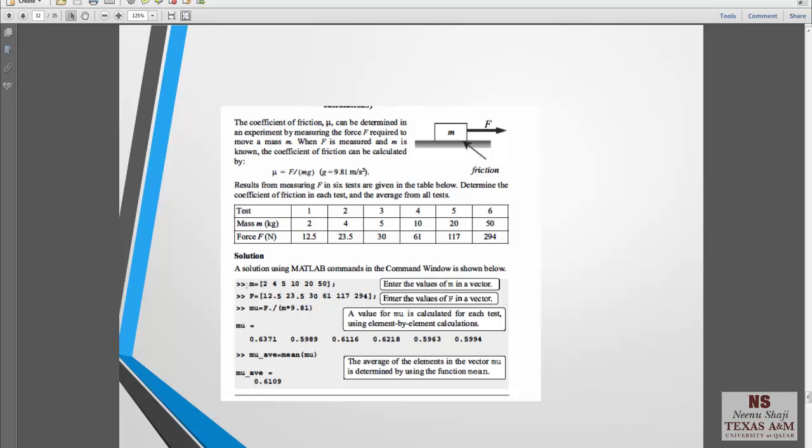So you express the mass as a vector, then the force is another vector, and we know the relation mu equals F over mg. g is a constant, define that as well. g is 9.81. mu is calculated as F dot division m times g, because F is a vector and m is also a vector. So we get 6 different values for the coefficient of friction. If you want to find the mean, you apply mean of mu and you get the average value.